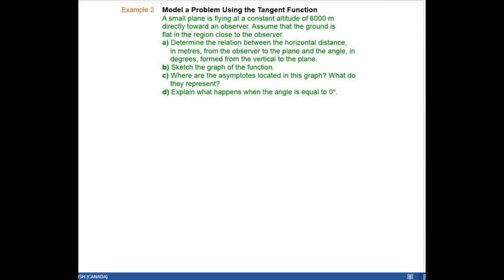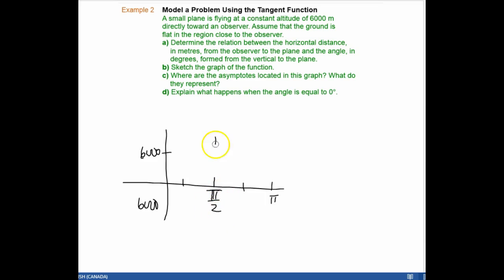Oh, our picture disappeared. We'll go 6,000, 6,000. And we had our picture like this, kind of curving at 6,000. And then like this.